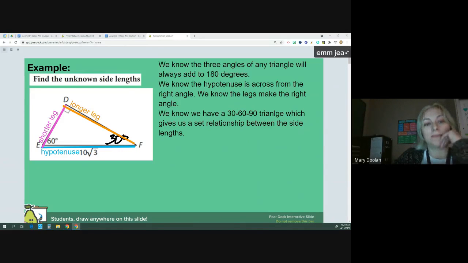And so our hypotenuse is EF, right? And it's equal to 10 square root of 3. And so the shorter leg is ED. So EF is equal to 2 times ED.